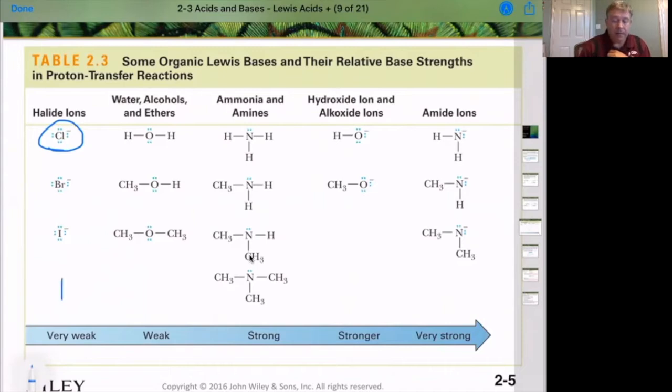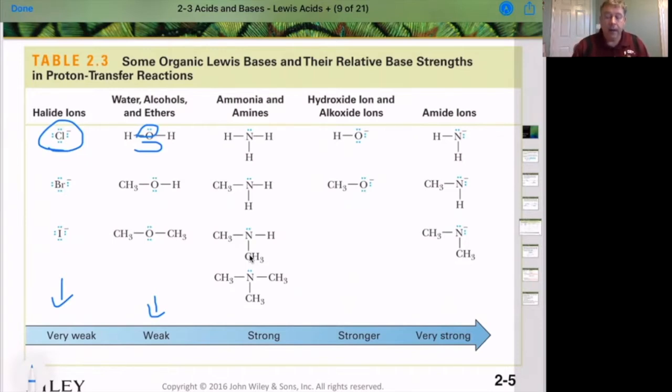We consider these very weak Lewis bases because they have a stable charge. The next set are what we call weak Lewis bases. These are neutral molecules, but they still have lone pairs that they can donate to make new bonds. Once they donate those pairs, they create ions, and therefore they are considered weak Lewis bases.